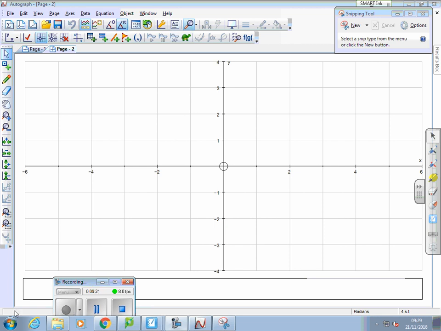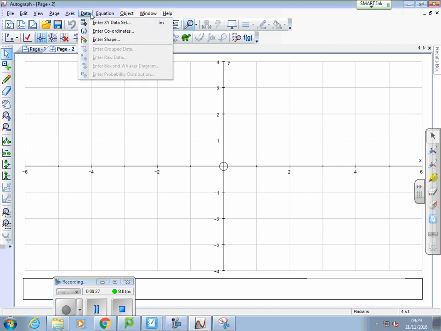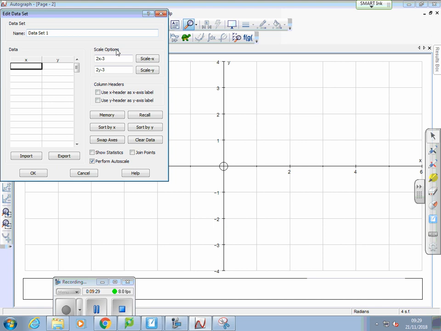Okay, so when you want to enter data, you go to the data menu and you say you want to enter an XY data set, and then you just enter the data for the X coordinate, 1.6 for the Y, 2, 1.1, I'll do one more, 4 and 0.71.